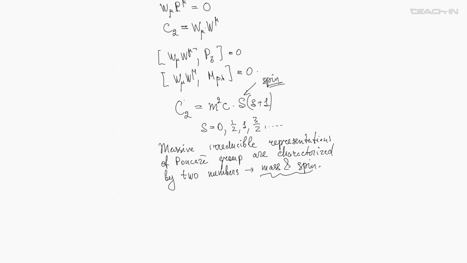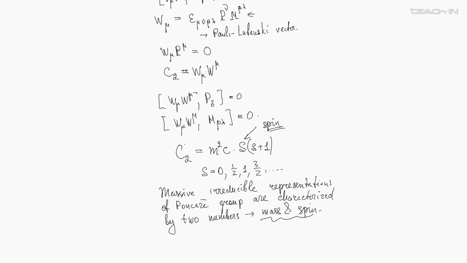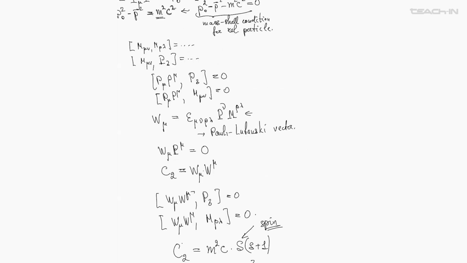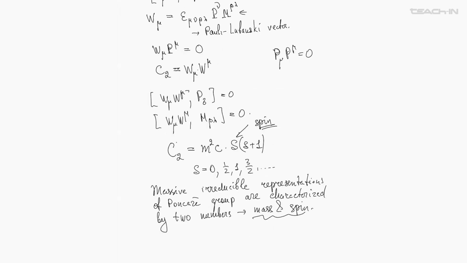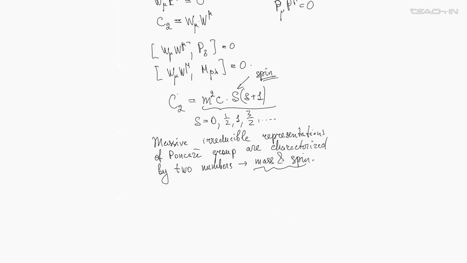Because if you have a massless representation, then p^μ turns out to be a light-like vector, and this expression for the second Casimir is not valid anymore, because in this case it would simply vanish when the mass goes to 0. In that case there appears a new Casimir, which is called helicity.